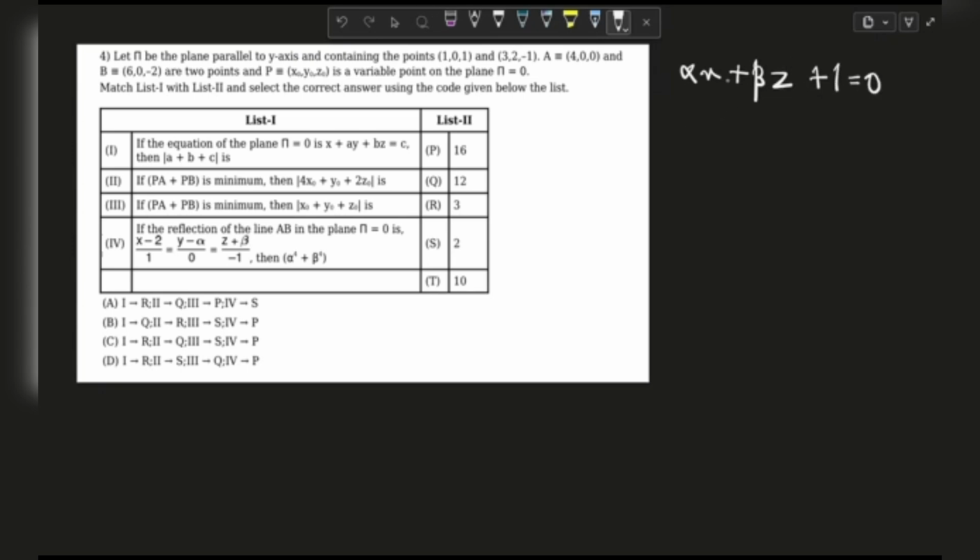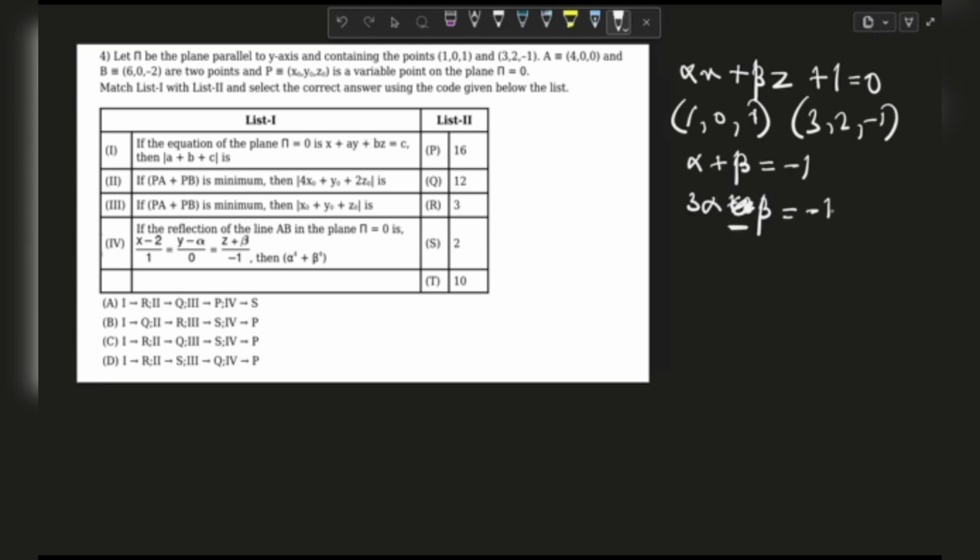So now we can put these 2 points: (1, 0, minus 1) and (3, 2, minus 1). So if we put this, it comes out to be, I guess, alpha plus beta plus 1, so minus 1, and 3 alpha plus 2 beta, okay, not 2 beta, sorry. This is your minus beta equivalent to minus 1.